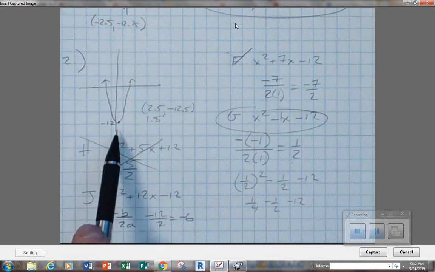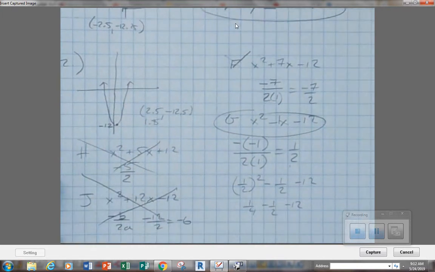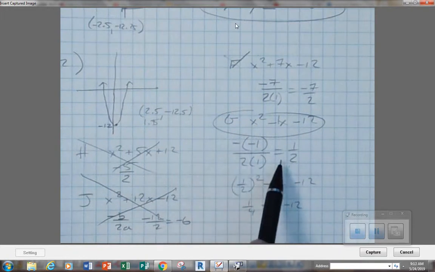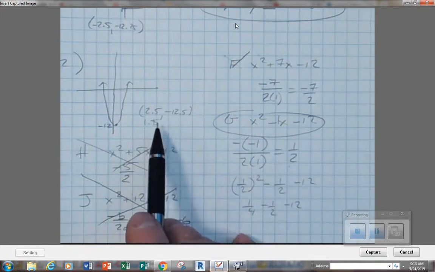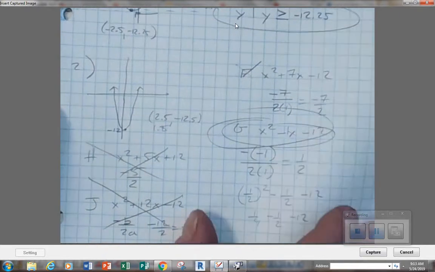I can see that doesn't match. So out of all these choices, G is the only one that had a positive value for x. That's the only one that's close to this graph, so that's got to be G. All right, number 3.